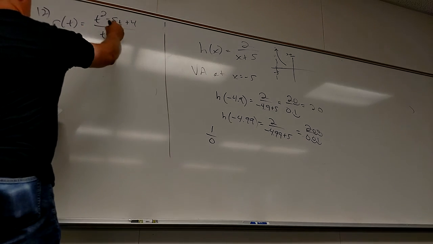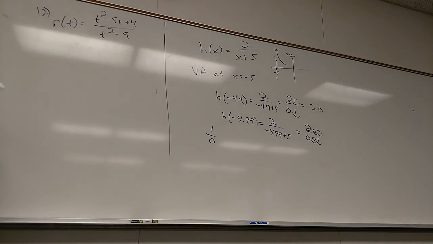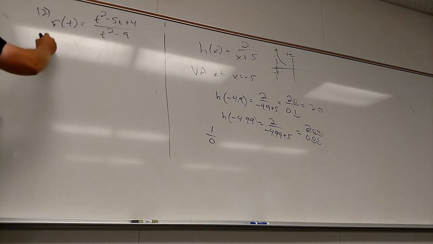I think I tried to factor it. You could, but this doesn't really ask you to do that. It just says, if that's R of t, what is R of 1? What do you do? Plug a 1 in.